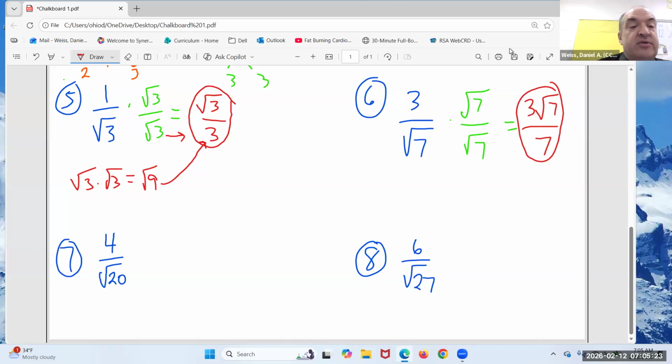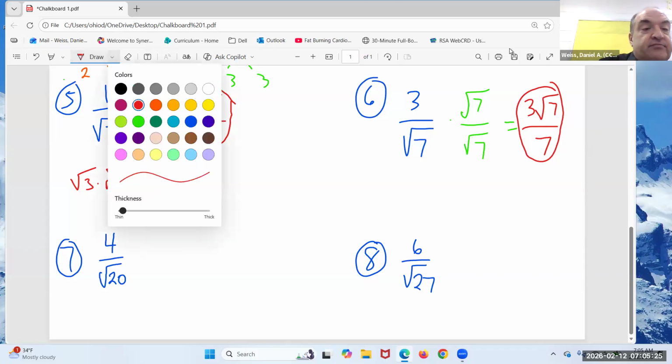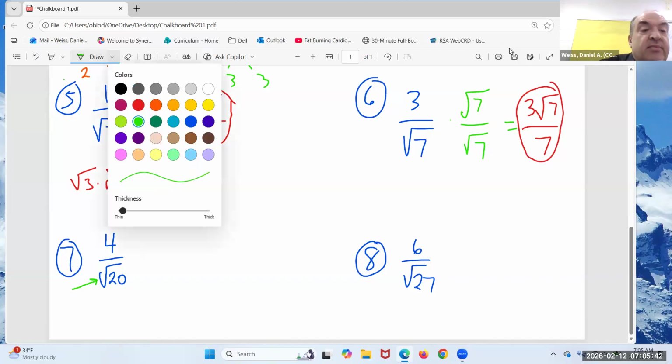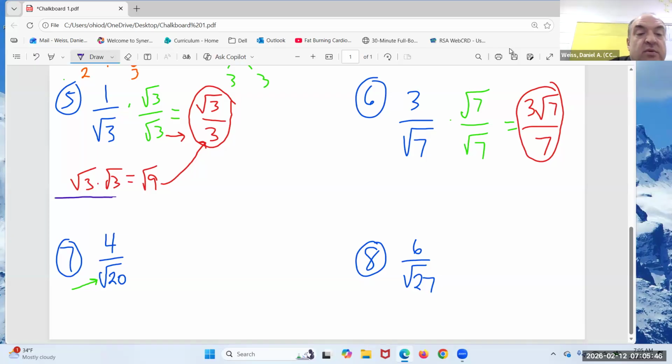All right, now check this out here. 4 over square root of 20. If you can break down this square root, do that first. So I'm going to break down square root of 20. In fact, I'm going to do that here. Look at this here.